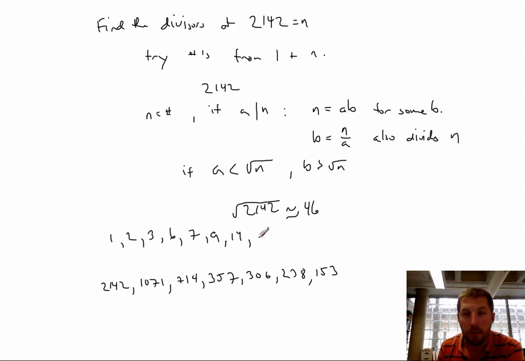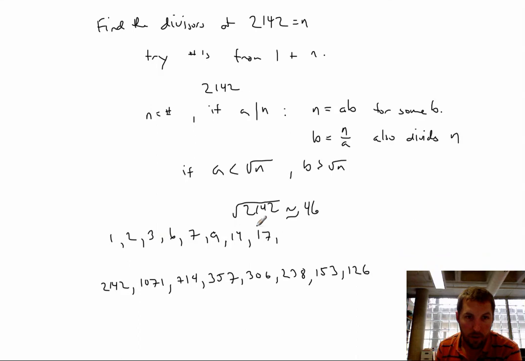Let's see here, 15, nope, no 5. 16, nope, no 8. 17, we should try 17, turns out 17 does go in. I happen to have a list in front of me, so we're doing this a little quicker. 17's partner is going to be 126. Let's see here, 18.